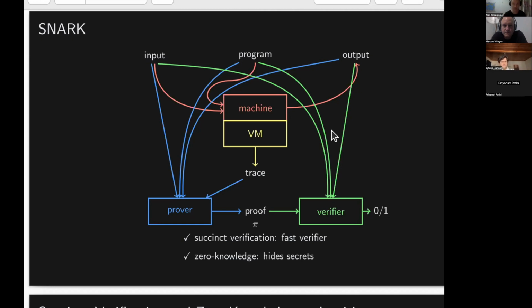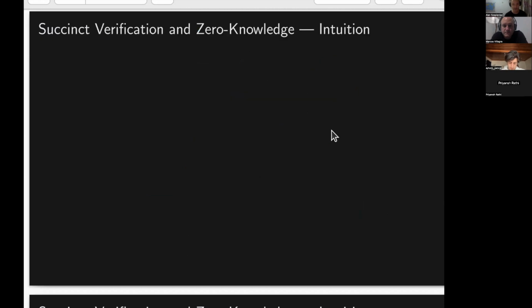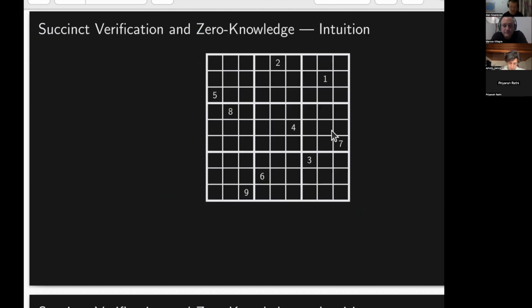All right, so that's from a very abstract point of view. Let's try to make this concrete with a game known as Sudoku. I want to prove in zero knowledge and succinctly that I have a solution to this Sudoku. And here's one way I might go about doing it. So a Sudoku, if you don't know, it's a single player game where you're given a grid of 9 by 9 empty boxes and some numbers are filled in.